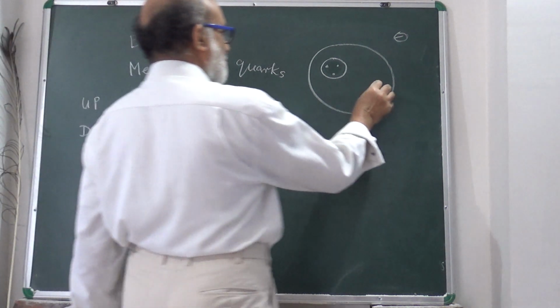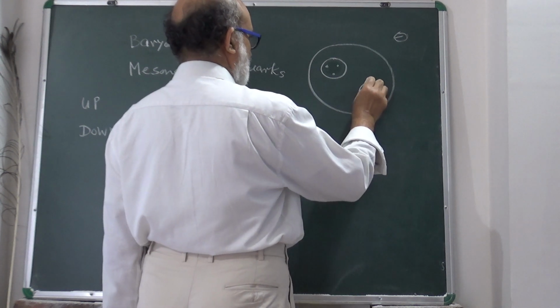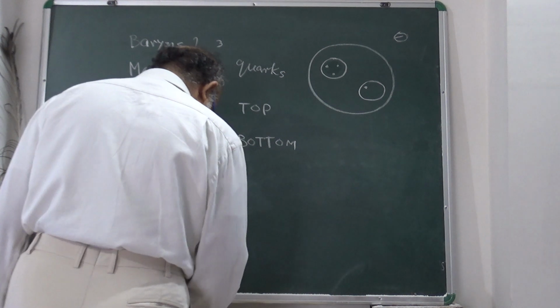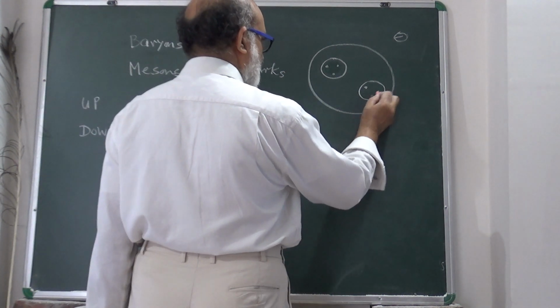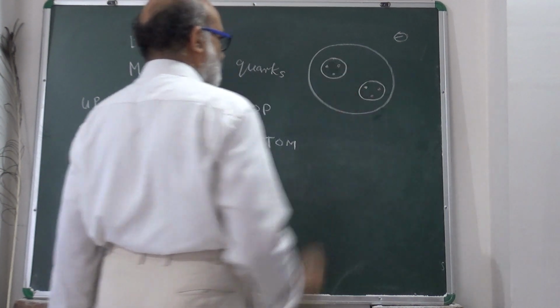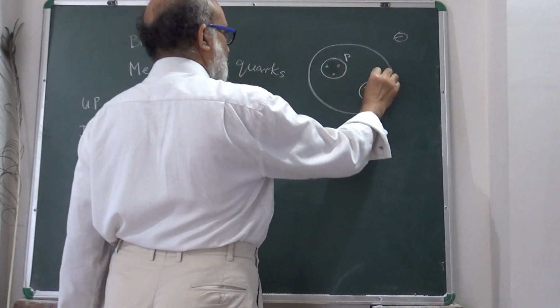And there is another, here say it is neutron. This is 1 up and 2 down. Let's say, make it downs. This is downs. This is 2 up and 1 down. So this is proton and this is a neutron.